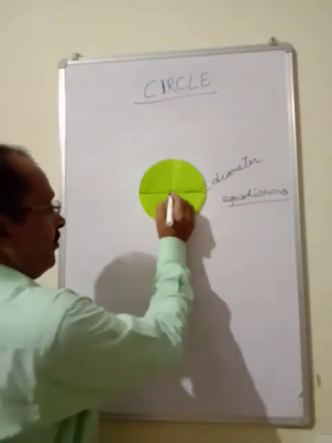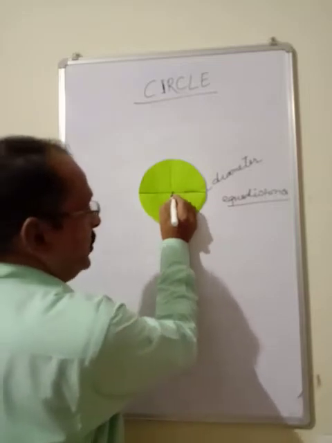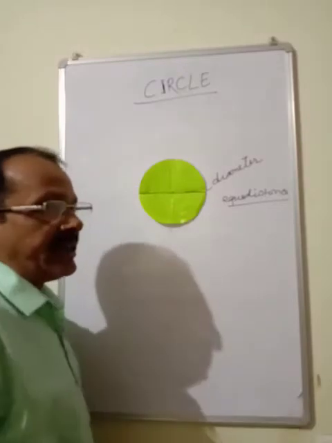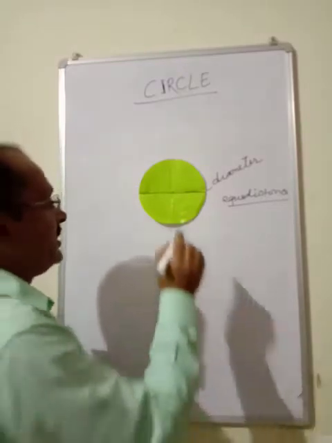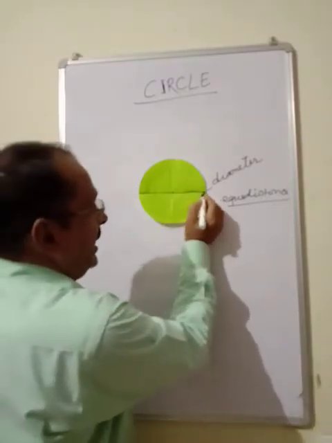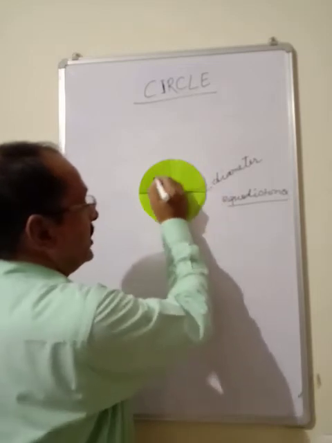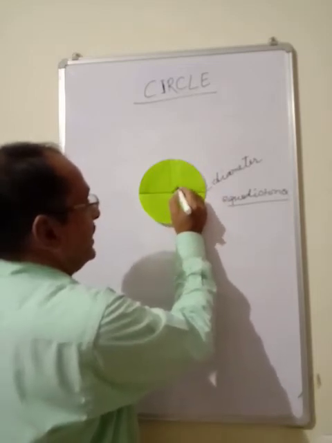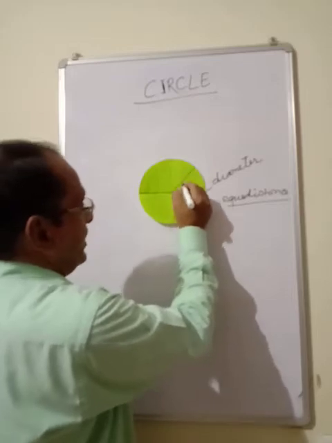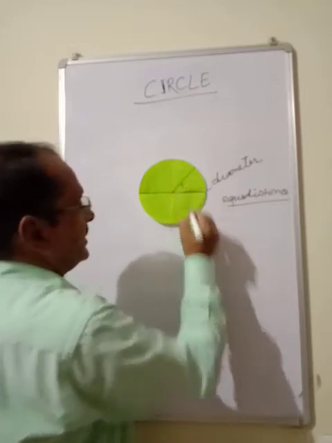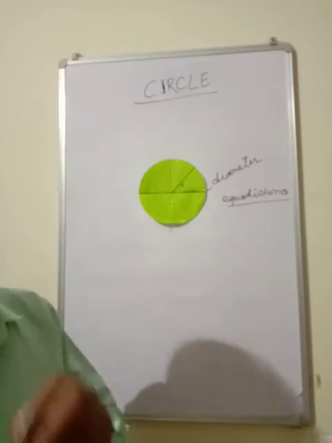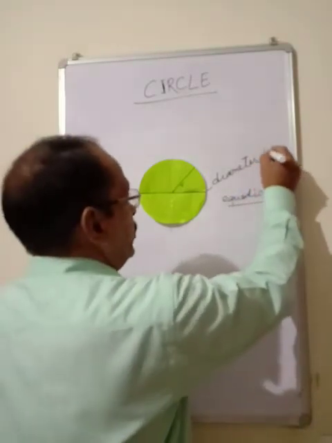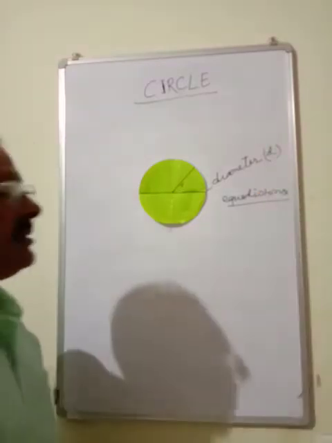Now the distance from the center to any point on the boundary is called the radius. It is denoted by a small r, and the diameter is denoted by a small d.